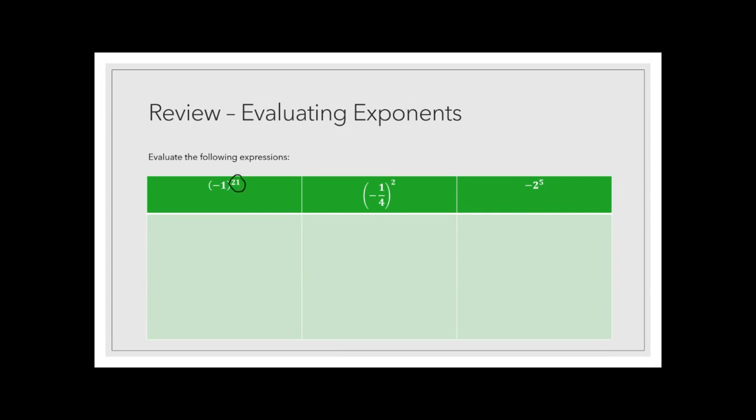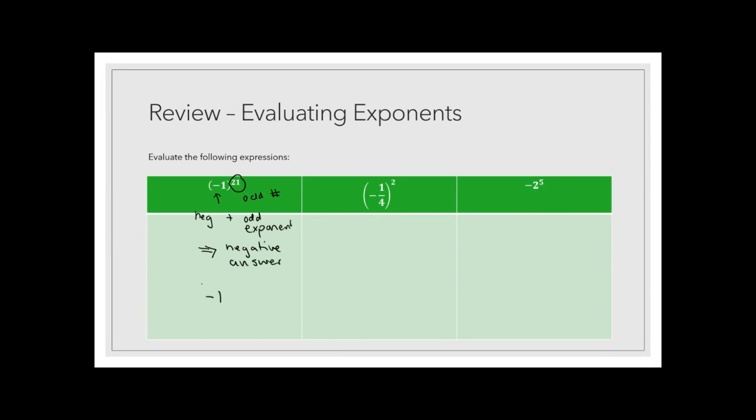The key is, is our answer going to be positive or negative? So 21 is an odd number. If you have a negative inside, plus an odd exponent, that's going to have a negative answer.